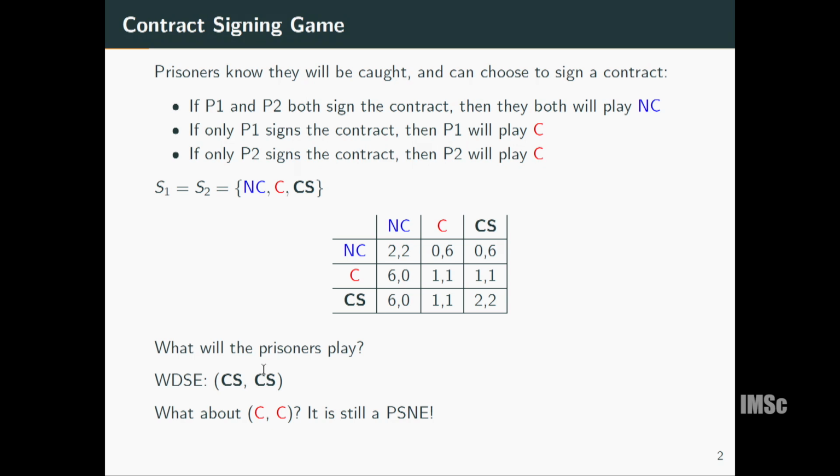In order to have a weakly dominant strategy, no matter what the other person is playing, it should be better for me. In this game, because I have introduced CS as another strategy for player 1, when player 1 is playing CS, it doesn't make sense for me to play C. Therefore, C is dominated by CS, and C cannot be a weakly or strongly dominant strategy.